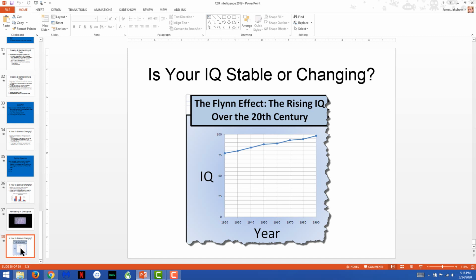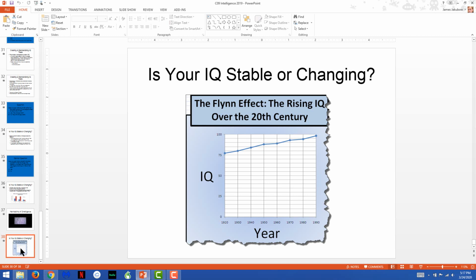And in fact, that increase, which is not reflected in this particular graph, has carried over into the 21st century, but currently appears to be slowing down or having possibly stopped.